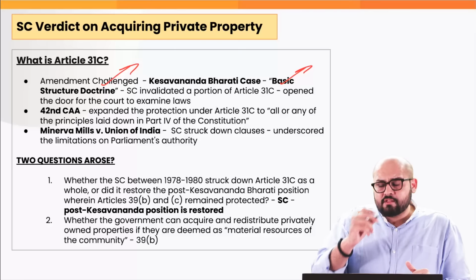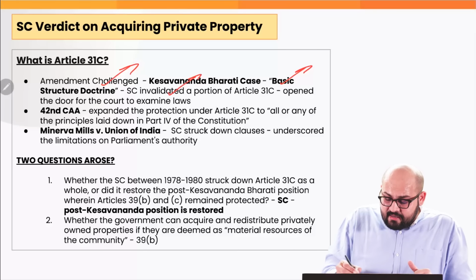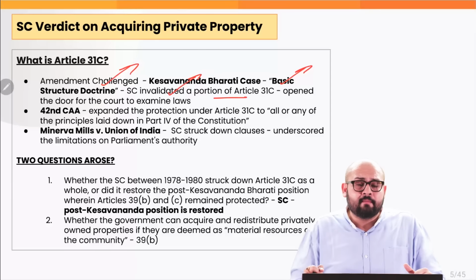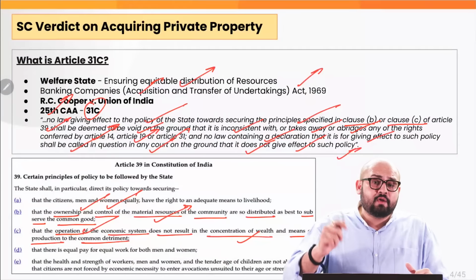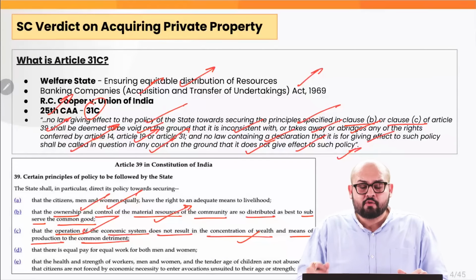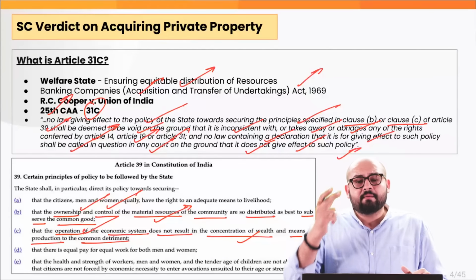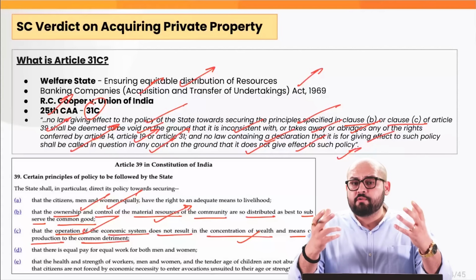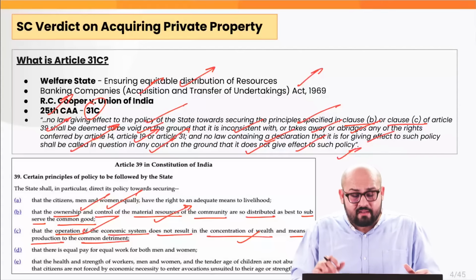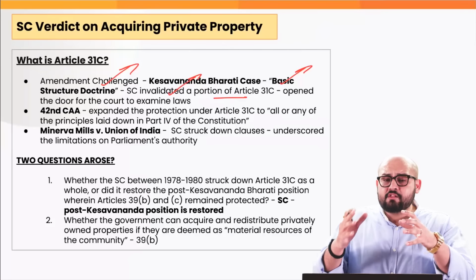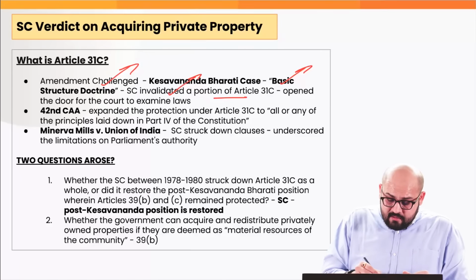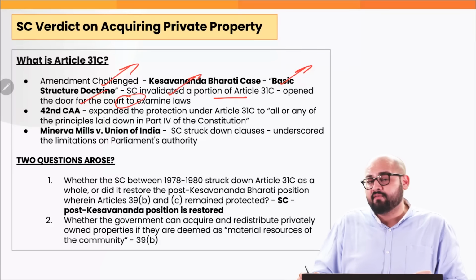Now, the Supreme Court invalidated a portion of 31C. Which portion? The second portion, that it cannot be questioned in the court of law. The Supreme Court said that judicial review is a part of the basic structure. So how can you say that we cannot question this? We can definitely question in the court of law. Once the Supreme Court did so, it opened the door for the courts to examine different laws.